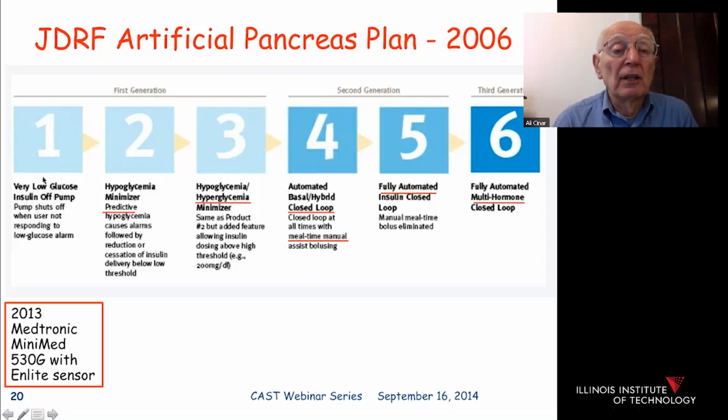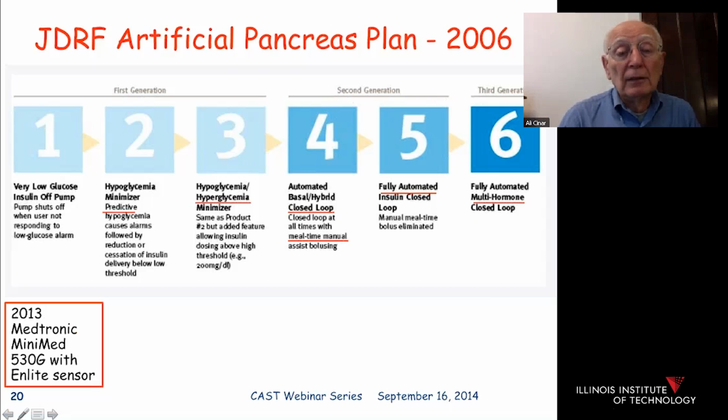The first level was automated insulin shutoff with the pump if there is very low glucose that is measured. And that has become a commercial reality in 2013 with Medtronic providing such a pump commercially.